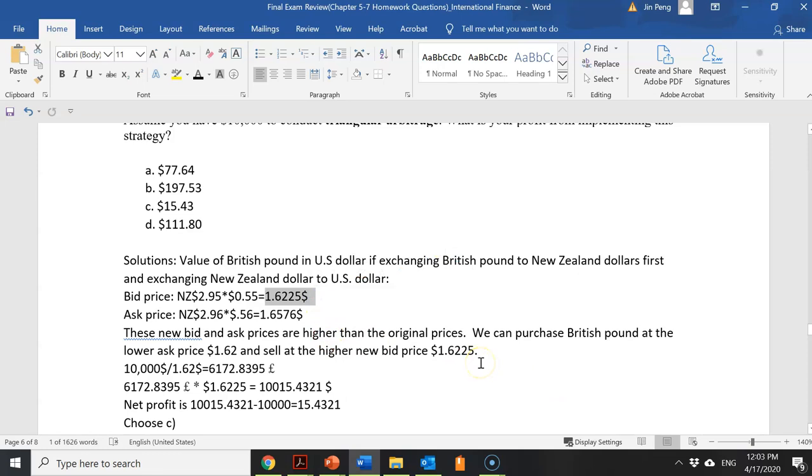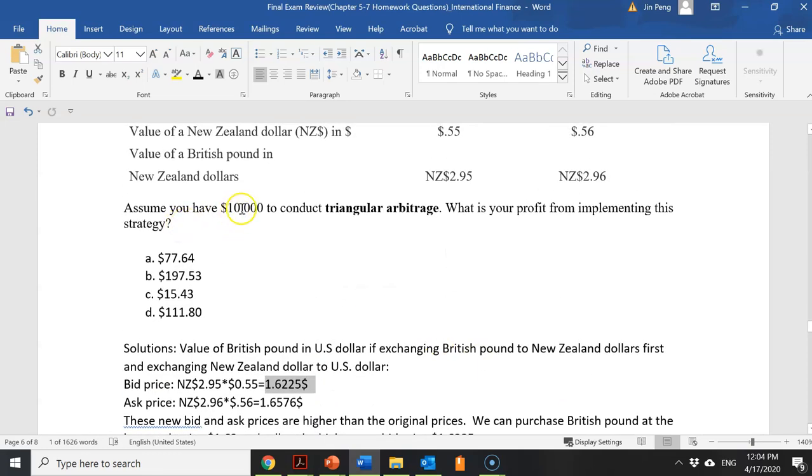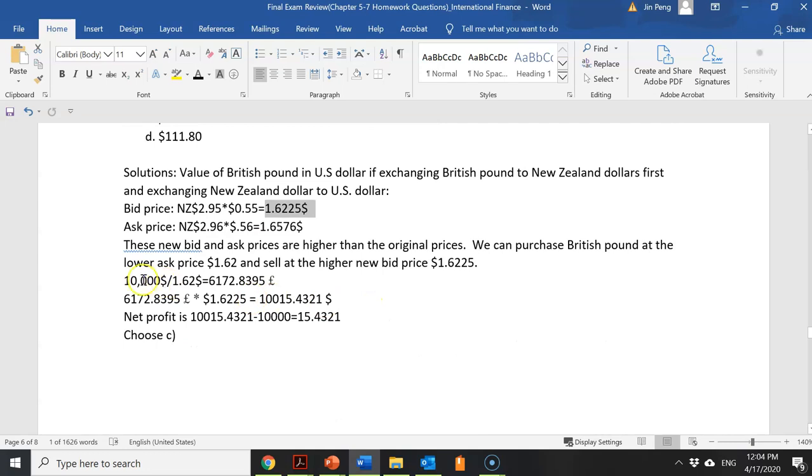$1.6225. Okay, and we have $10,000 to start with, so we use this $10,000 divided by the lower ask price we can purchase the British pound at. So we know we can exchange $10,000 into 6,172.8395 British pounds.